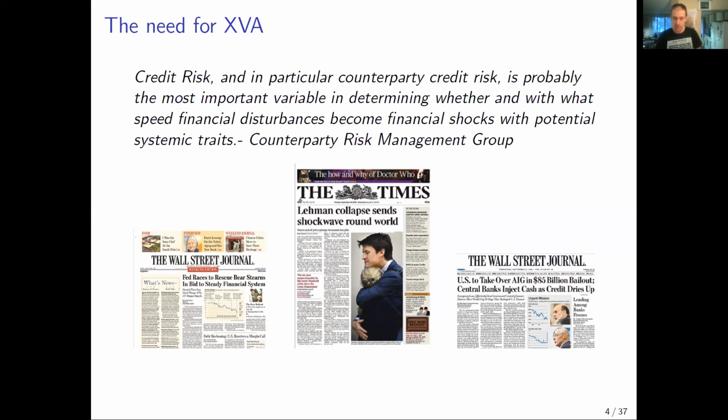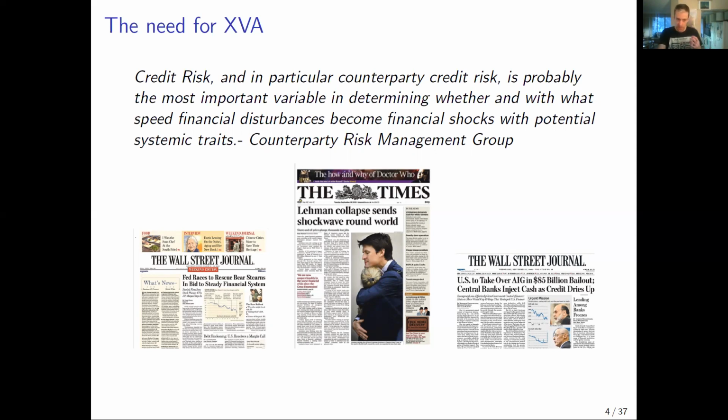And on the bottom of the slide, I've got some headlines from the 2008-2009 financial crisis. This was certainly an instance in which a financial disturbance in the mortgage-backed security market had wide-ranging systemic effects.